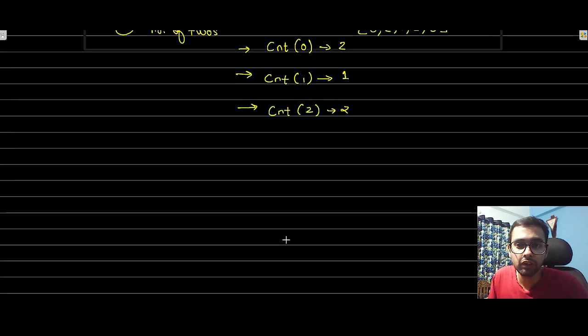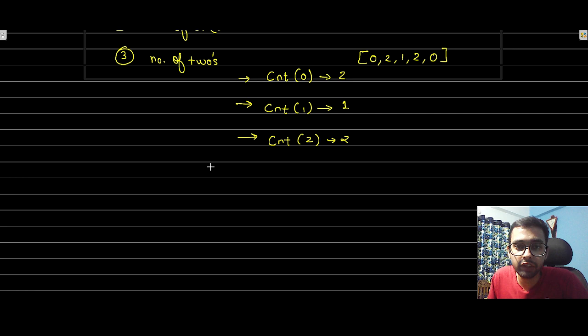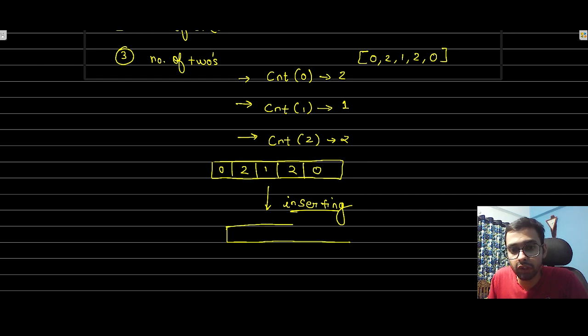After inserting, the elements will be the same as the initial array 0 2 1 2 0, but we work with the counts: for 0 it is 2, for 1 it is 1, and for 2 it is again 2, respectively.